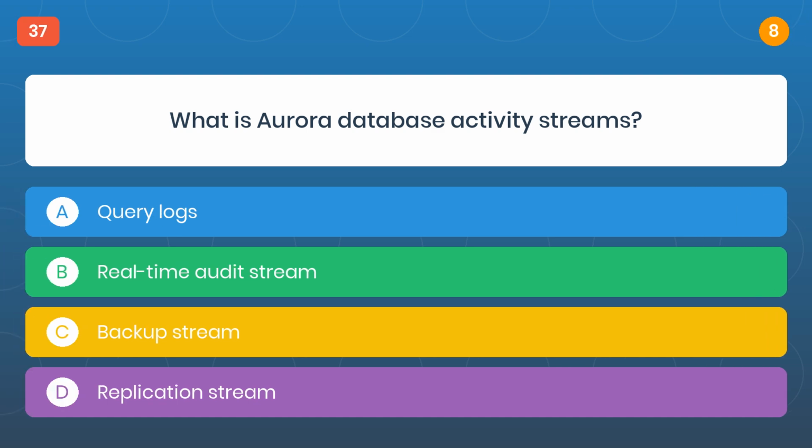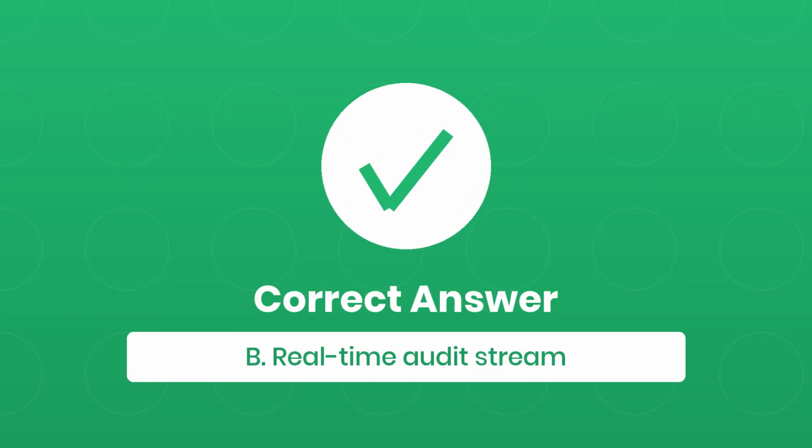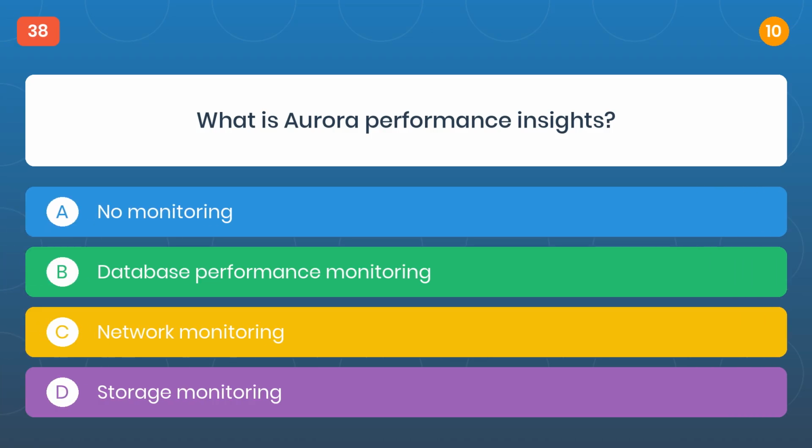Question 37. What is Aurora database activity streams? The correct answer is B, real-time audit stream. Question 38. What is Aurora Performance Insights?